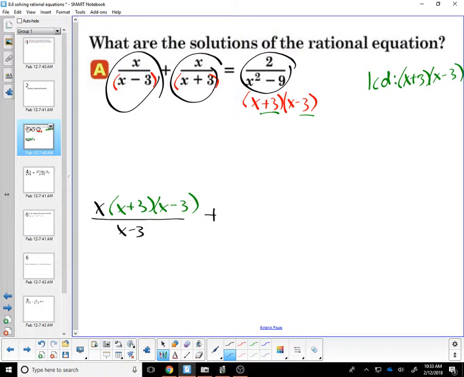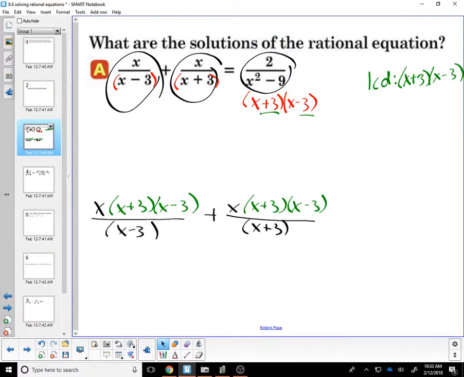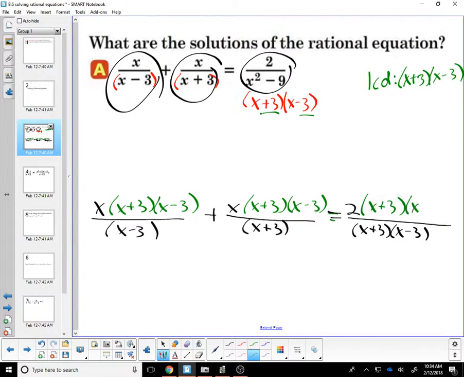And I'm going to add to that (x plus 3)(x minus 3), and that is over x plus 3. I should put these in parentheses. And that's going to equal, I've got x plus 3 in the denominator, and x minus 3. And of course, (x plus 3)(x minus 3).